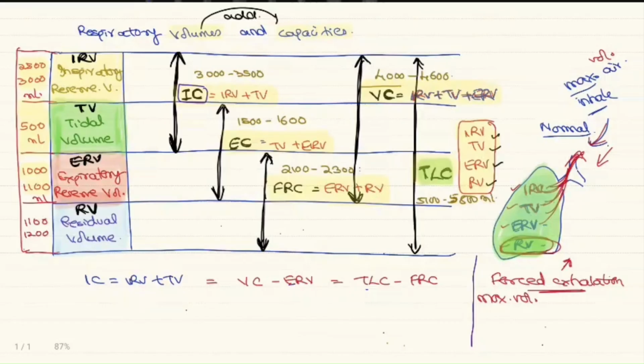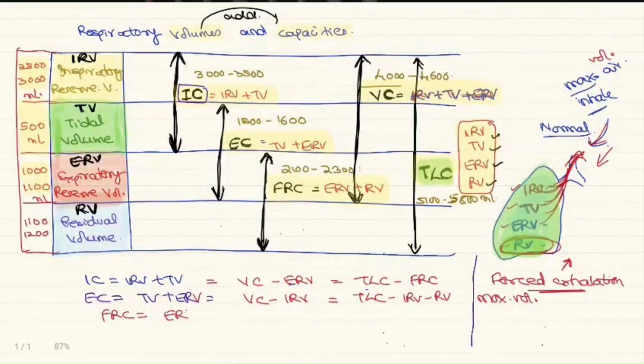So look at the diagram, then you can understand how we get the IC. The second one is EC. EC is TV plus ERV, or I can say it is VC minus IRV. So let's see FRC. So FRC is ERV plus RV. I can also write it as TLC minus IC.